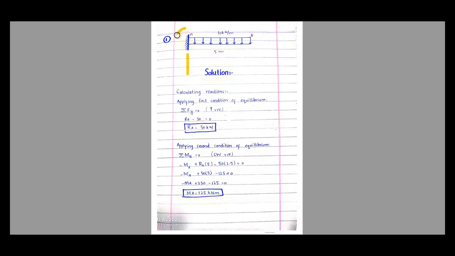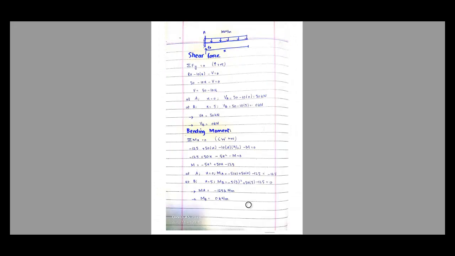Similarly, we have a moment, and it's not marked here, but I assume that it is considered in the counterclockwise direction. So this is MA, and MA comes out to be 125 kilonewton meter, so it seems correct.